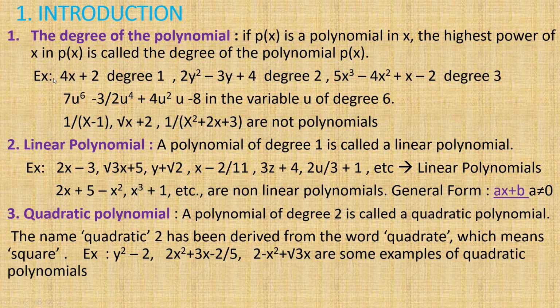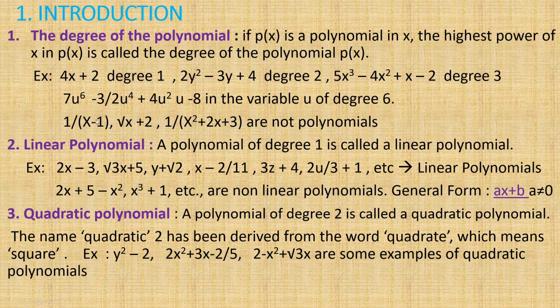So see this, in this polynomial what do we have? Variable x is there, and constants are there, and the plus sign is there. This is the combination of variable x and constants 4 and 2. Here 4 is the coefficient of x. So coefficient, constant, and plus sign.